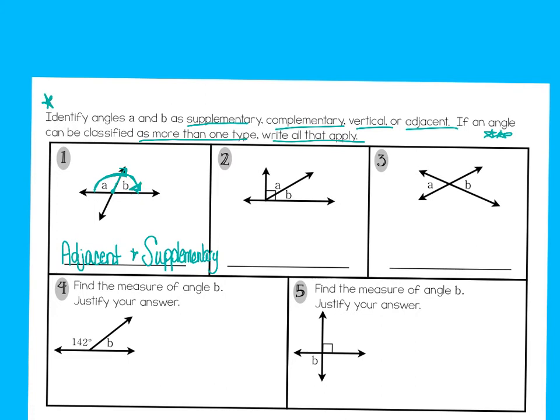Okay, on to number 2. How can we classify angles A and B here?